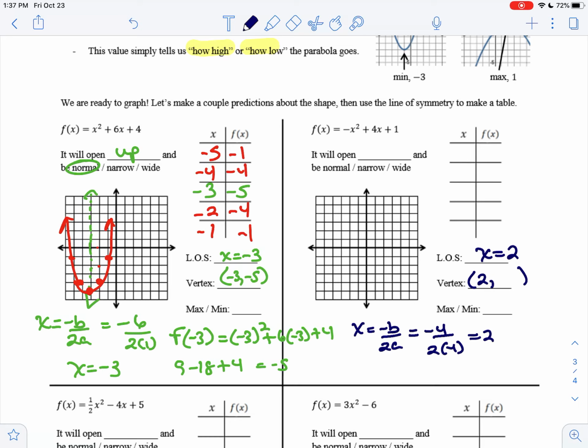Negative 2 squared plus 4 times negative 2 plus 1. Oops, I plugged in negative 2. I needed to plug in 2. Let me fix that. And we get 5. So 2, 5 is our vertex.